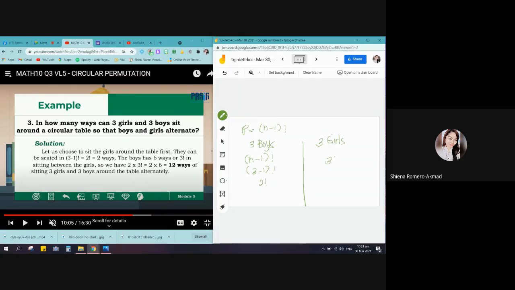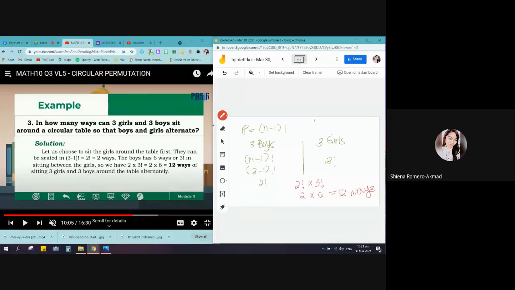As is na siya as 3 factorial. So what we have here is 2 factorial times 3 factorial, which is 2 times 6, and that is 12. So we have here 12 ways.